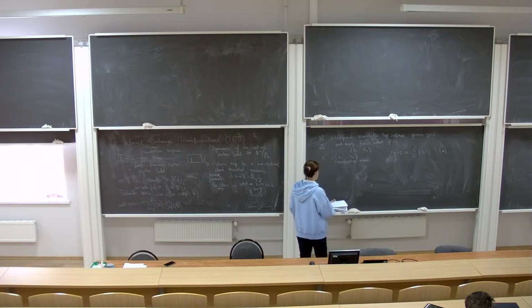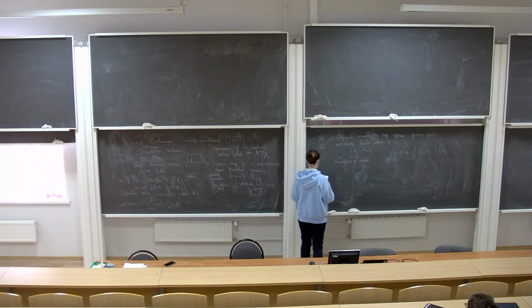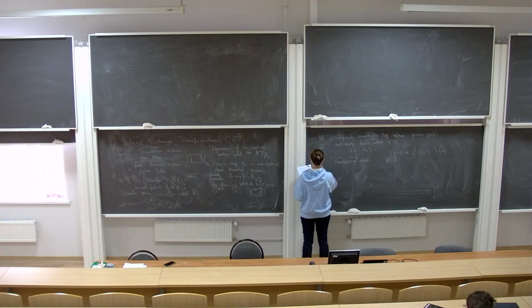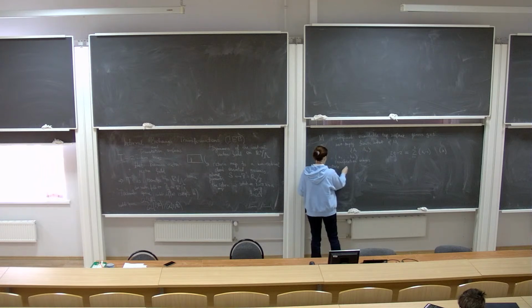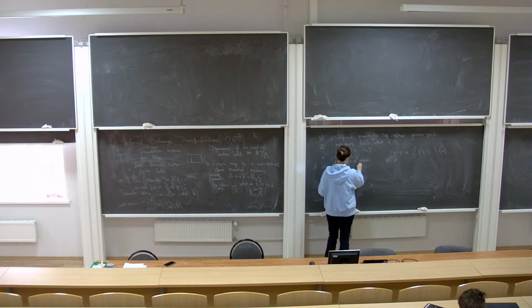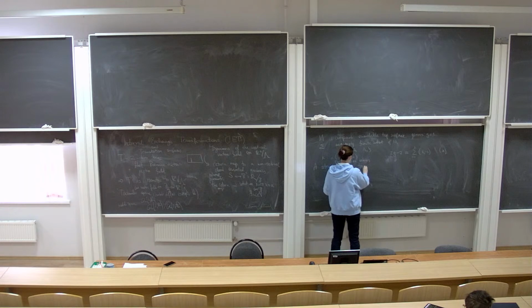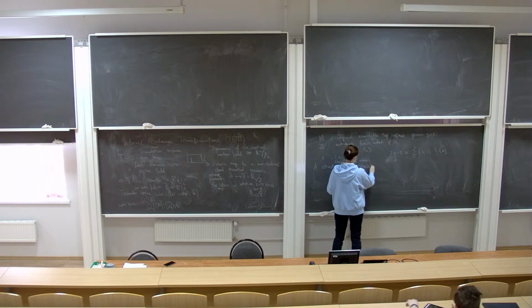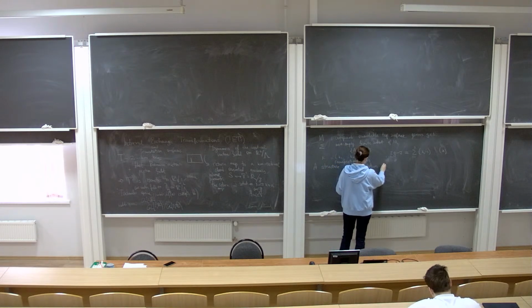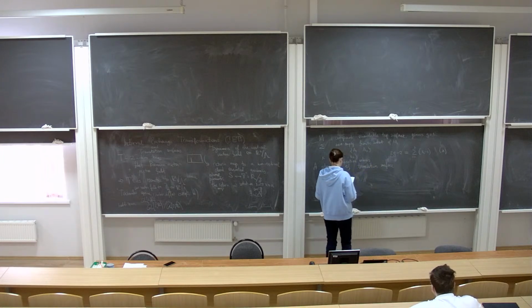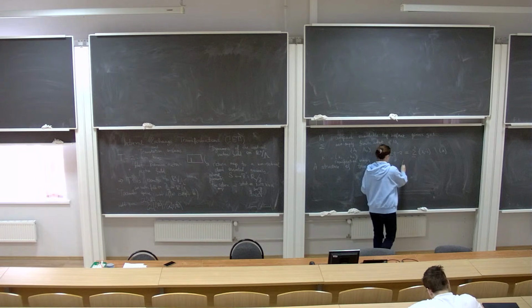So now we have to give a formal definition. What does it mean that we fix the structure of the translation surface? So we keep this triple.